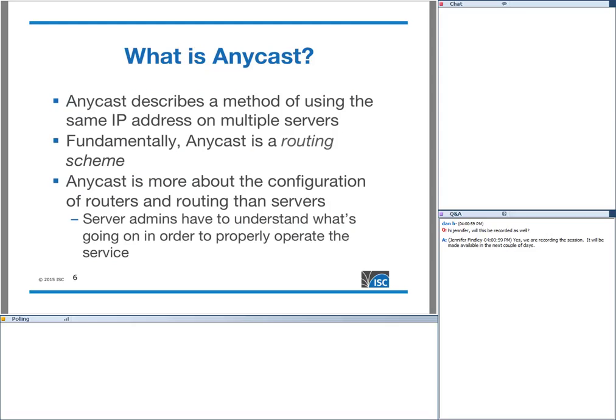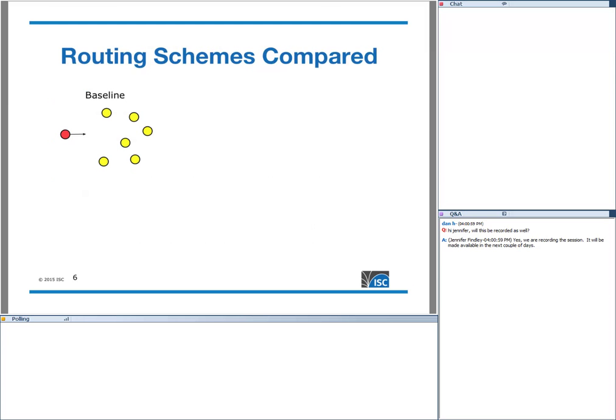To give you an example, a sample configuration on the server would be creating a virtual loopback interface, placing the IP address or prefix that you want to Anycast on the loopback, and then on the system, setting up a routing process, like Quagga or Bird or something along that line, to essentially meld your server state with the routing infrastructure. And we'll have some diagrams on that. To give you an idea on Anycast, we're going to go over a couple different transit methods.